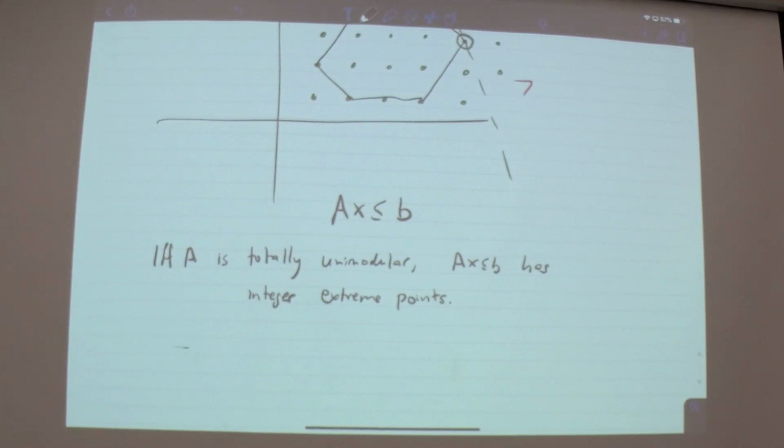So I'll explain what totally unimodular means, but it's already a nice property that you can just look at this constraint matrix and say something about what my extreme point is going to look like just by looking at that. And I won't go into this in great detail.